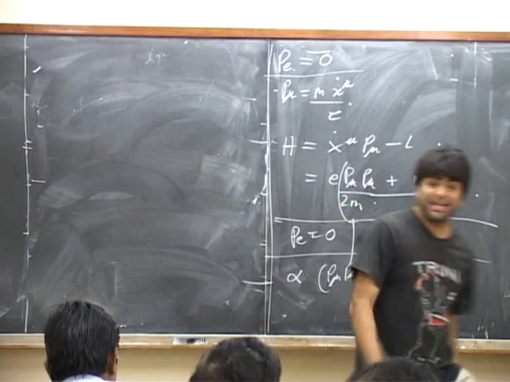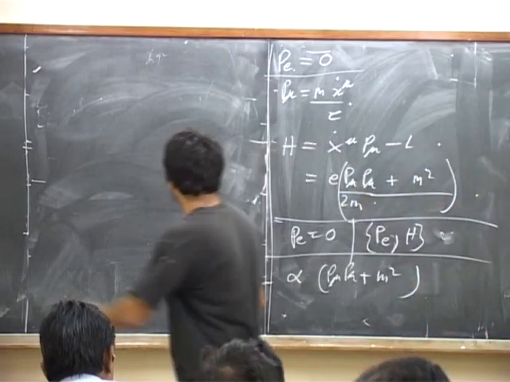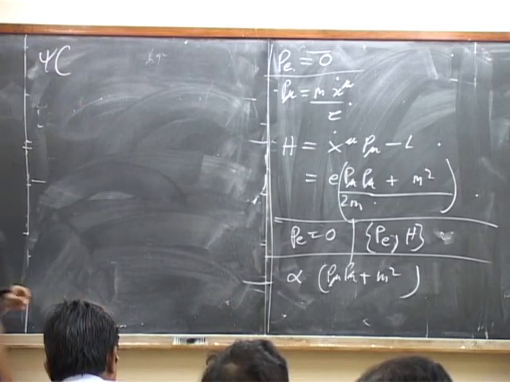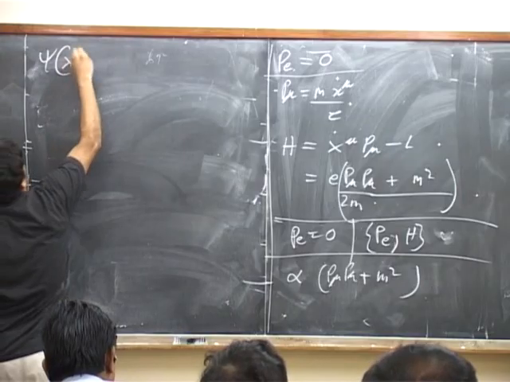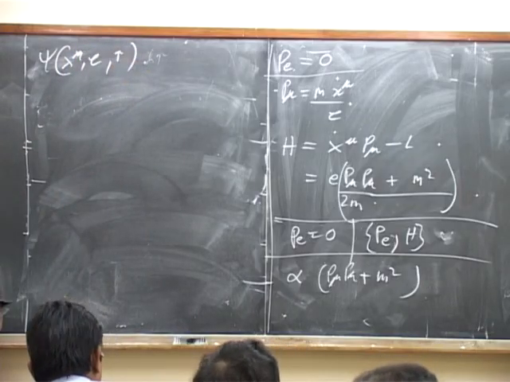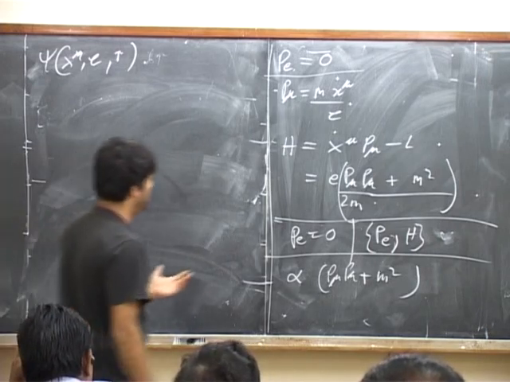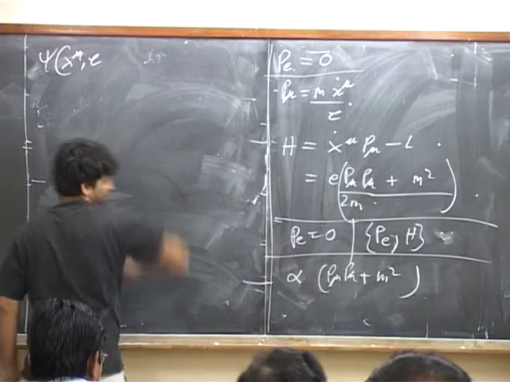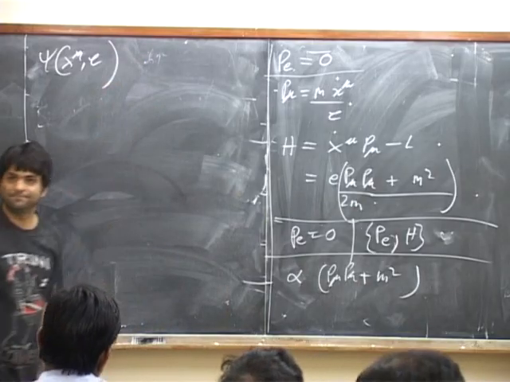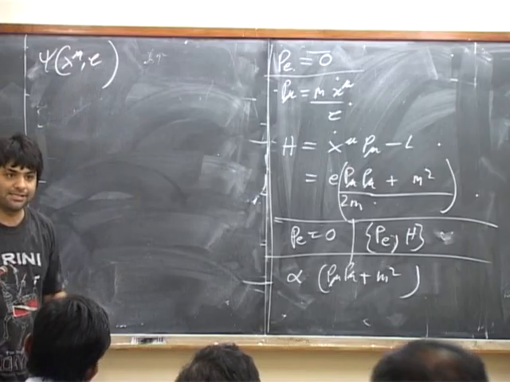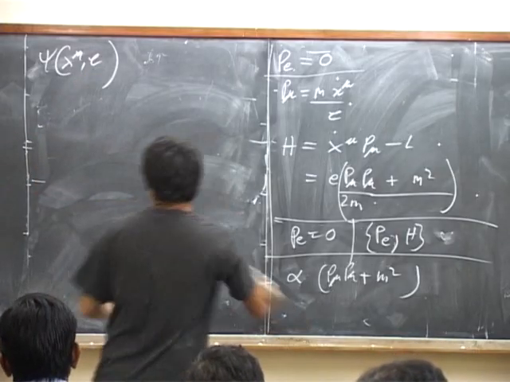Okay, so now we make our quantum mechanics for this system. States are functions of x mu, e, and tau. However, once we impose the constraint, the Hamiltonian is 0. So states are not functions of tau. And once we impose the constraint, what's the constraint?